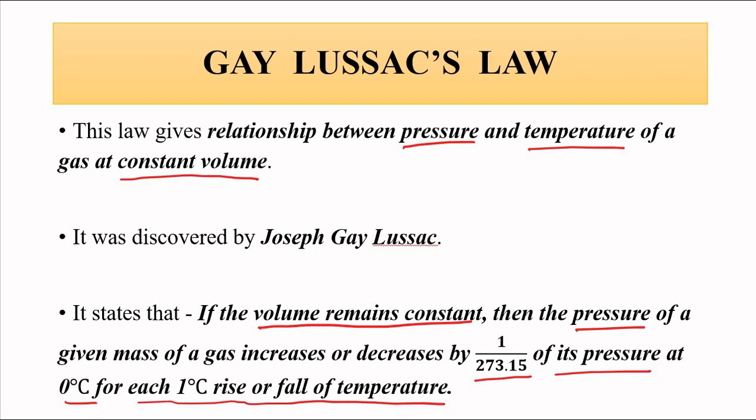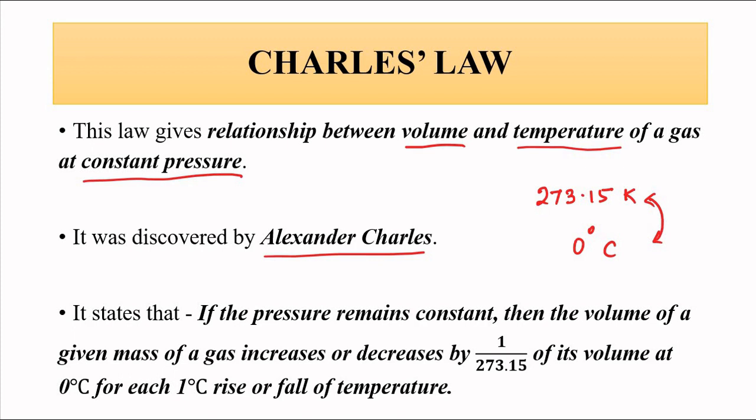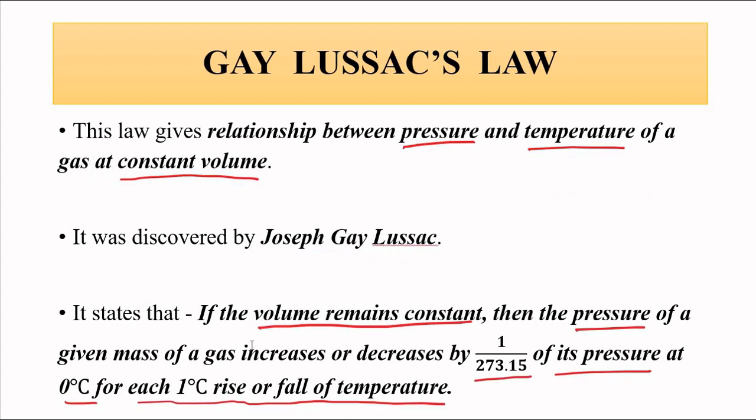It is very much similar to the statement of Charles' law, only here volume is constant, while pressure is constant in Charles' law. So the pressure of a given mass of gas increases or decreases by 1 by 273.15 of its pressure at 0 degrees Celsius.